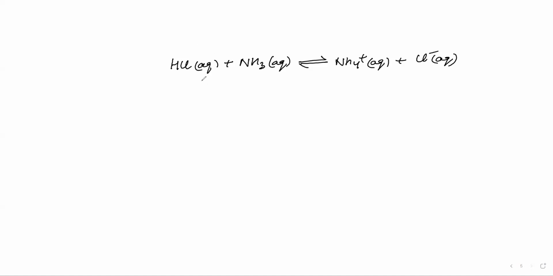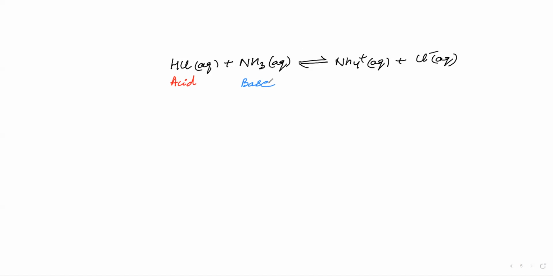Here, HCl will act as an acid. It will donate a proton, there will be a loss of proton, so it is an acid. And NH3 will act as a base. It will gain a proton.